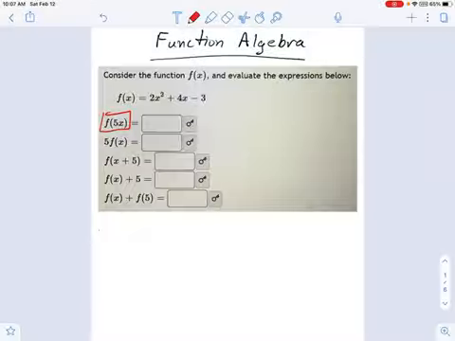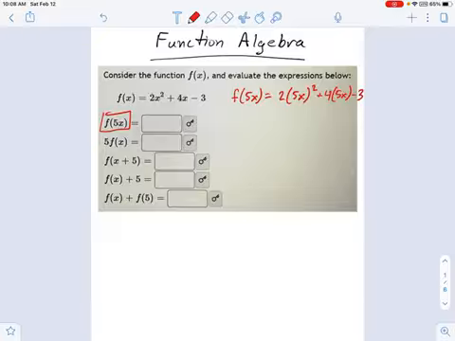So if we go through that, this would turn into f of 5x equals 2 times 5x squared plus 4 times 5x minus 3. So you see it's exactly the same equation, f of x, except in place of x I put 5x. So now we just simplify.